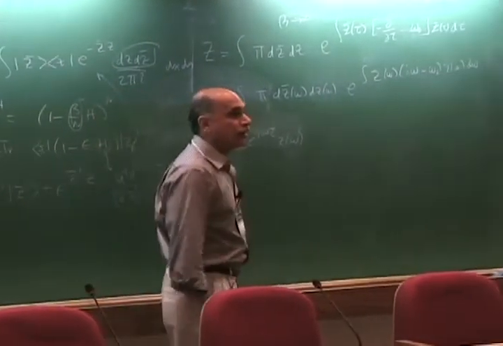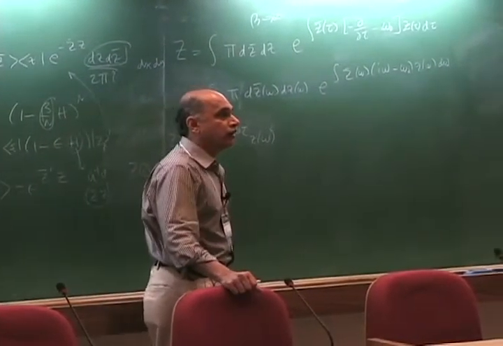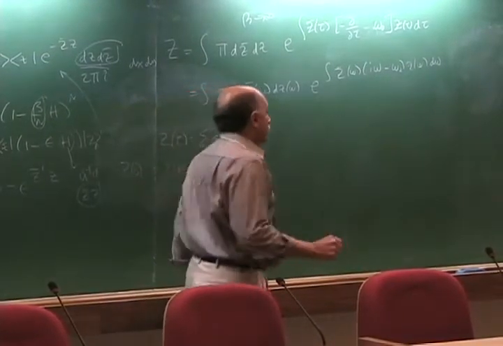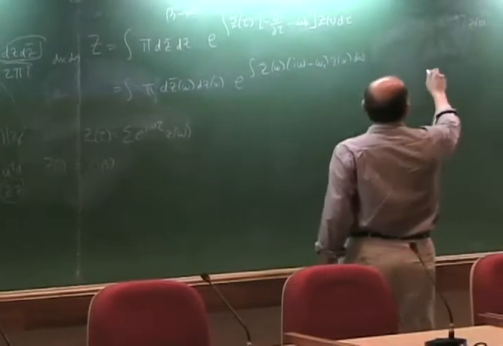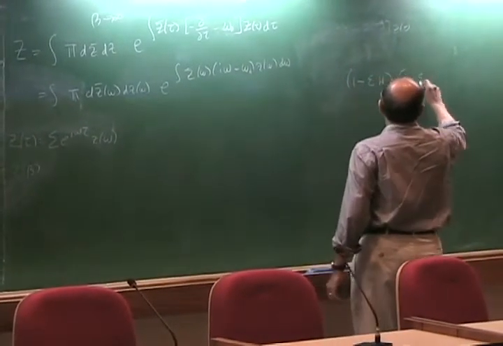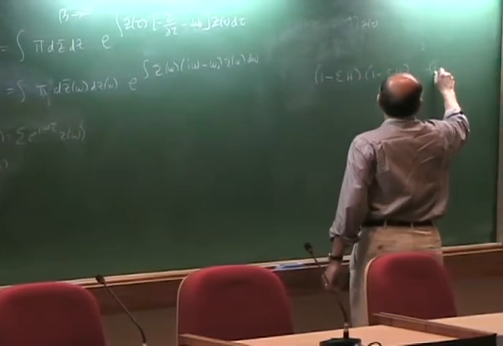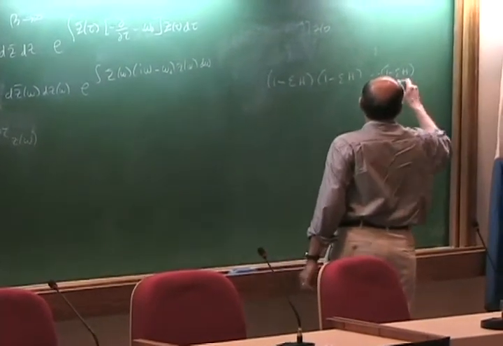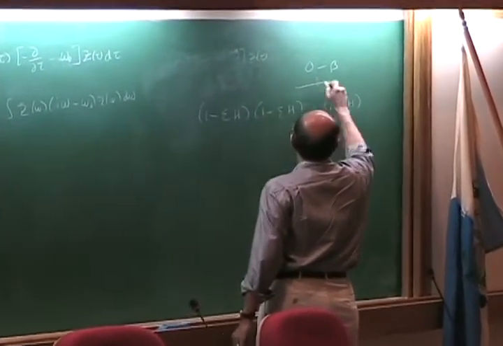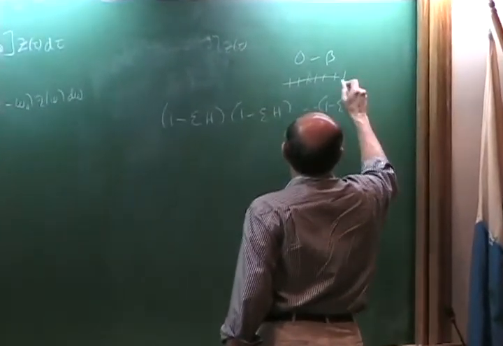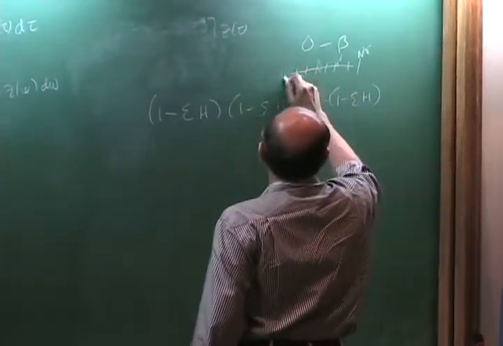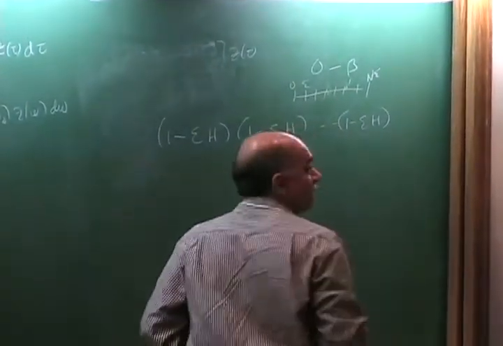Another question: when did z become dependent on tau? Yeah. So you remember I put many such factors, starting from the first one. So imagine the interval 0 to beta to be divided into a large number of intervals. This is n times epsilon, this is 0, this is epsilon, and 2 epsilon.